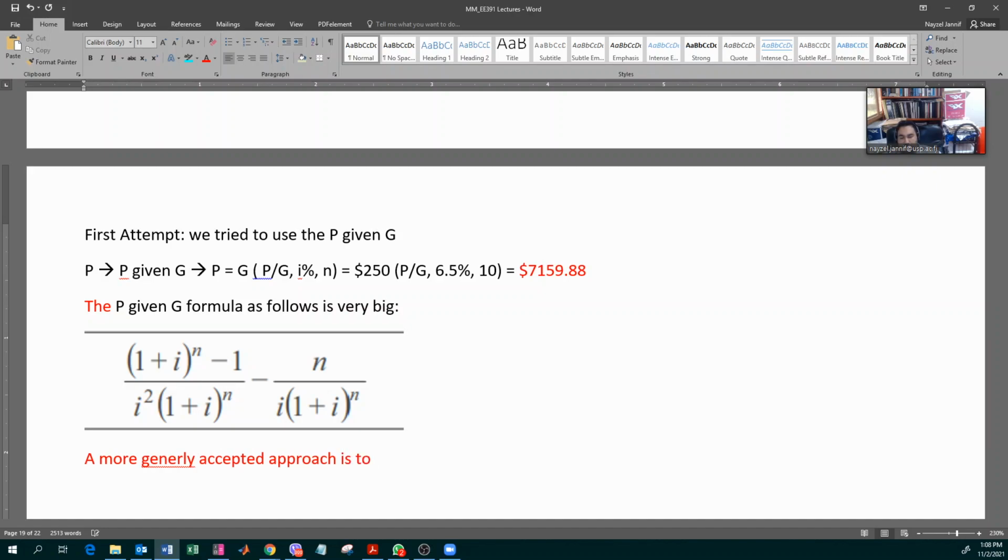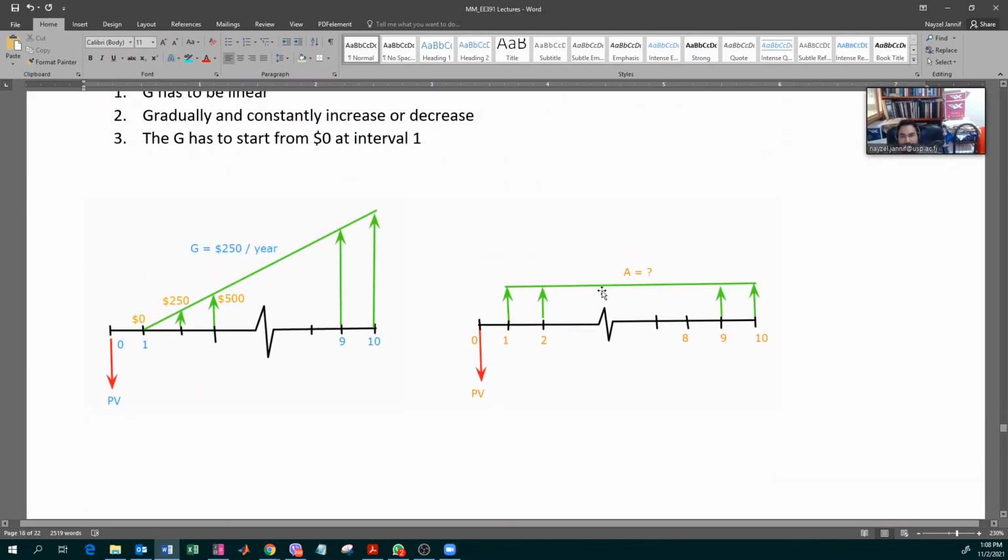is to first convert the G into an annuity, like what we did on the right hand side.